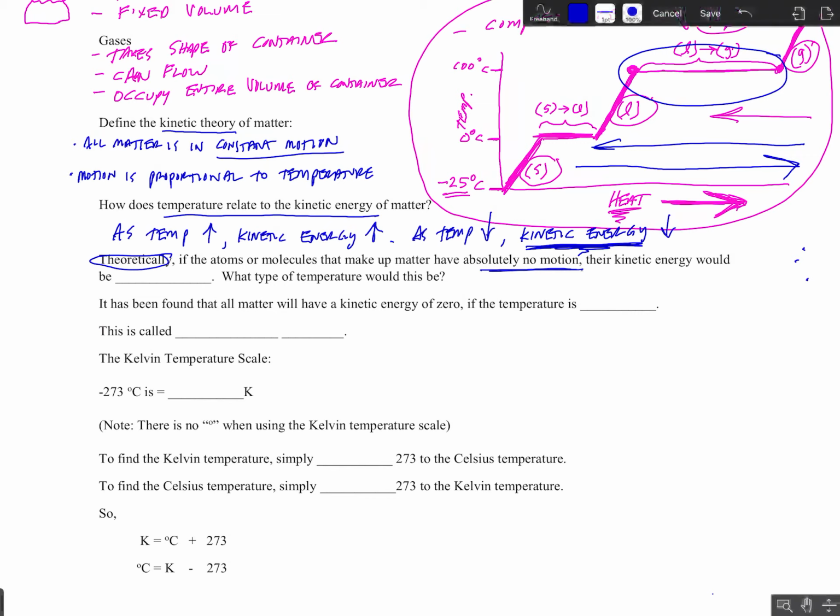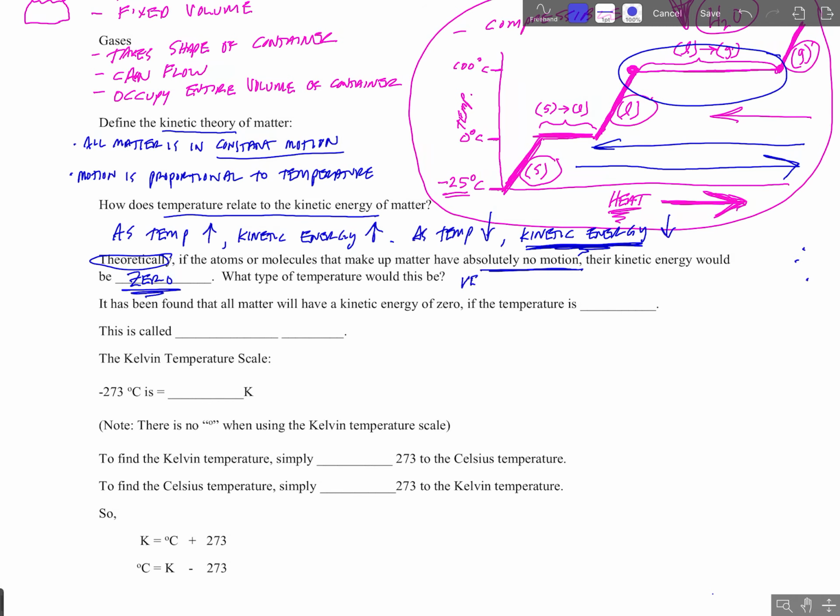Now, if they're not moving at all, what would their kinetic energy be? Yeah, their kinetic energy would be zero. Kinetic energy is the energy due to movement, and if those particles aren't moving, they have no kinetic energy at that temperature. So what kind of temperature would that be?